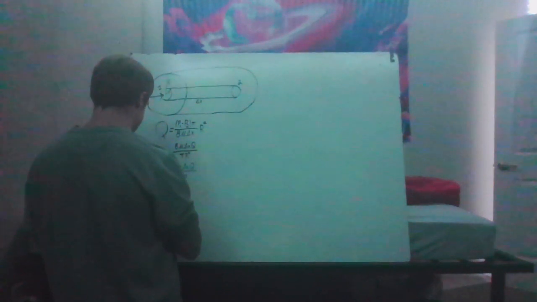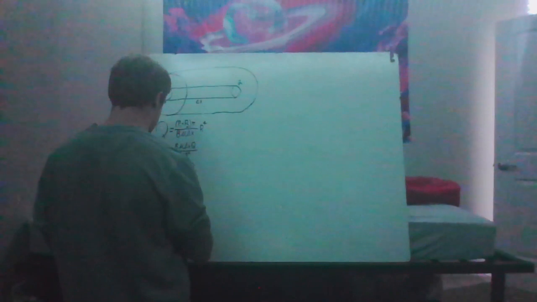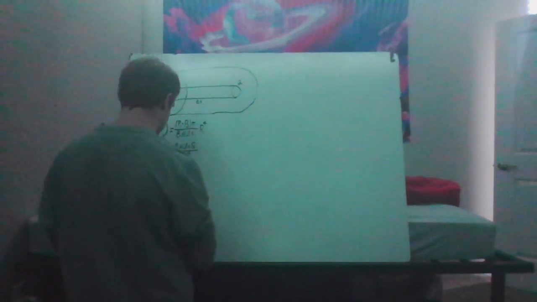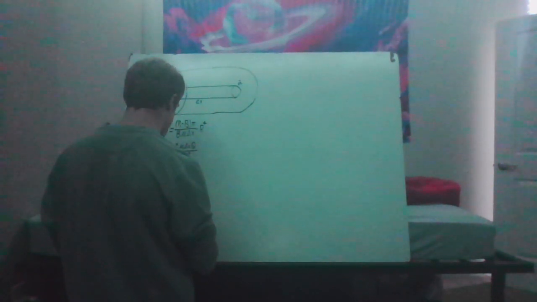So P1 minus P2 equal to 128 mu delta x v times pi d squared over d to the 4th pi.